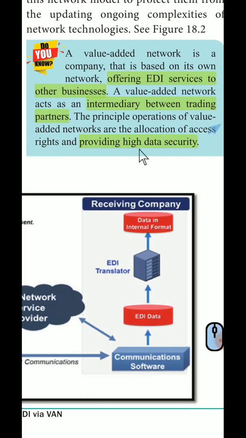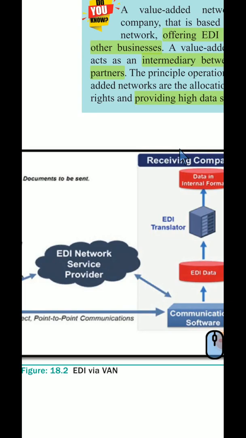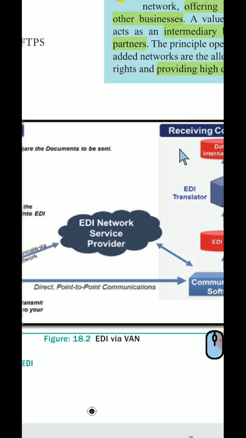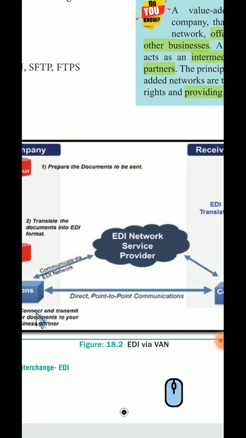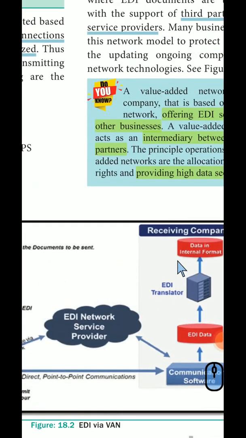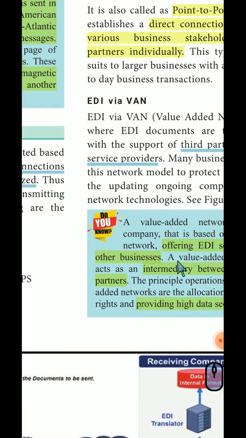Everything will have access rights, and it also provides high data security. So that's the reason many organizations are choosing this EDI network service provider. Compared to direct point-to-point communication, it will be better, and the technology will also be updated when we use this particular EDI, the value added network, as an intermediary.